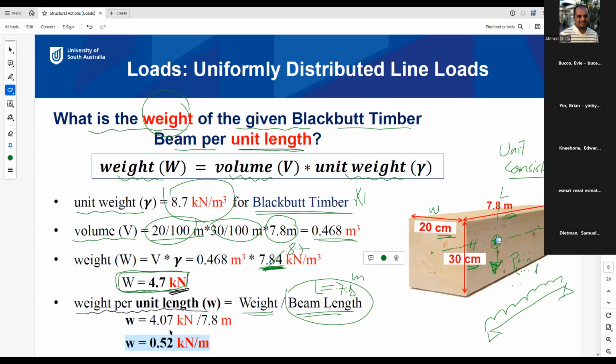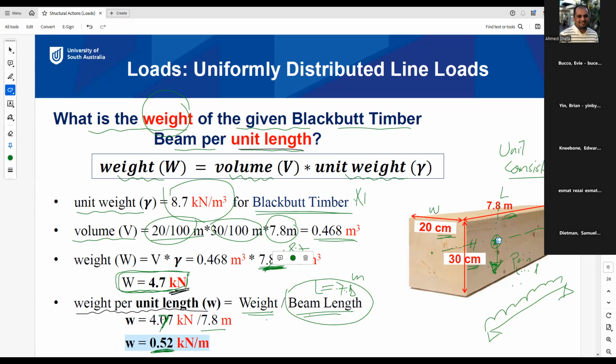So we divide the value we got, 4.7, by 7.8, and we get a value of 0.52. So the weight per unit length equals the weight divided by the length, which gives us 0.52 kilonewton per meter.